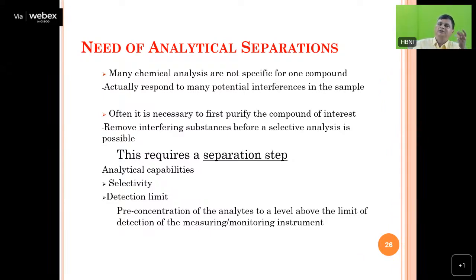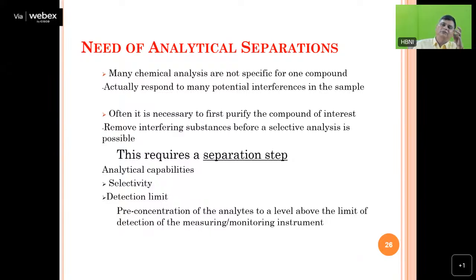And sometimes we need a pre-concentration step also, for two reasons: either the concentration of the analyte is very, very low but you still want to know it, or because of the availability of the instrument.